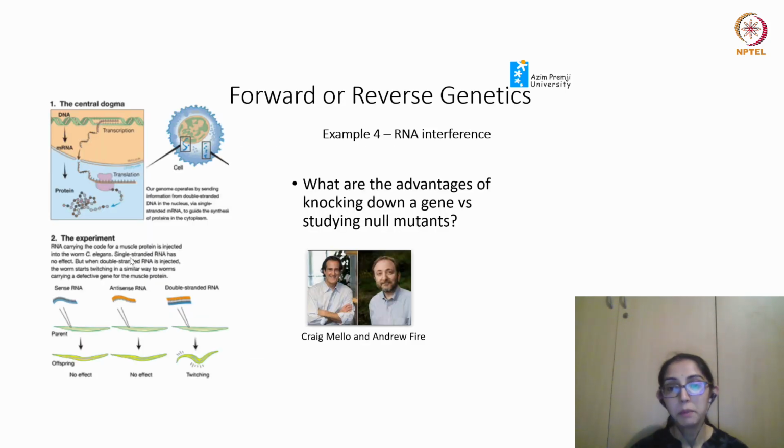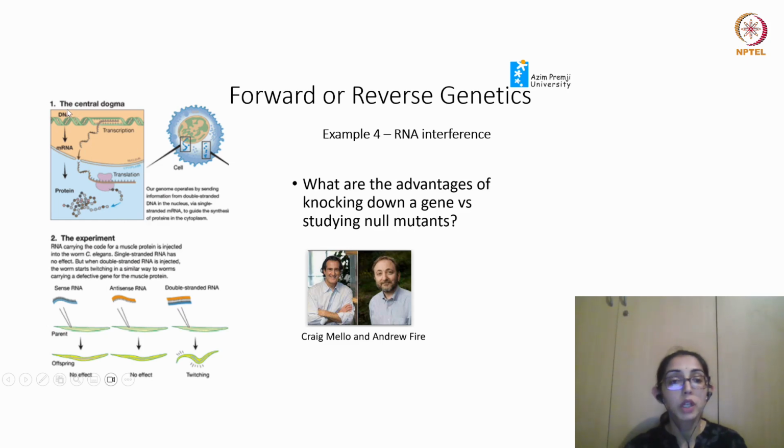One more final example, which is of RNA interference. You would have heard of RNA interference already in one of the previous lectures, but I'll just go over it quickly so that we can discuss whether it is a forward or reverse genetics approach. So the idea of RNA interference is really based on the central dogma and the idea that double-stranded RNA can interfere with the process of the central dogma.